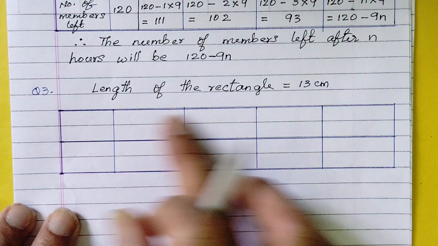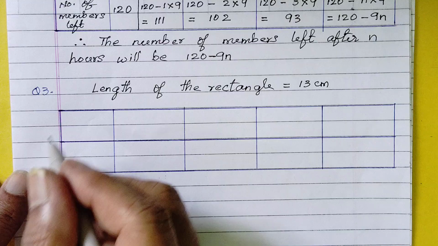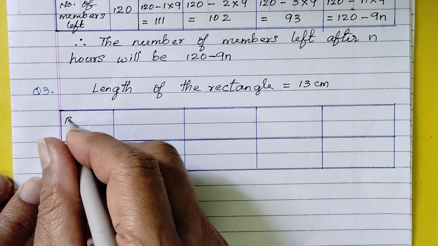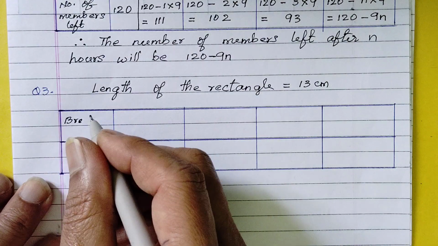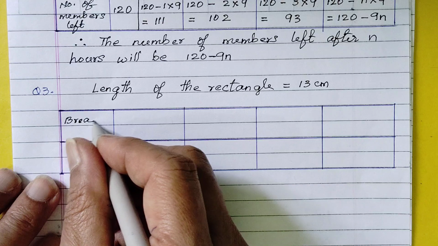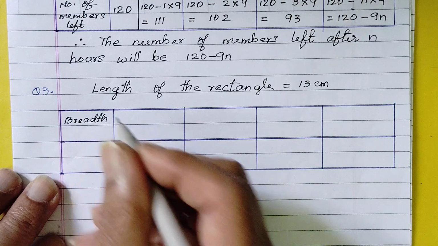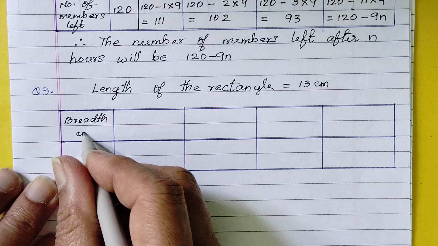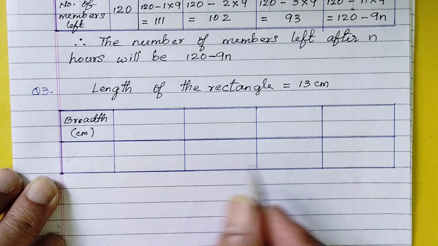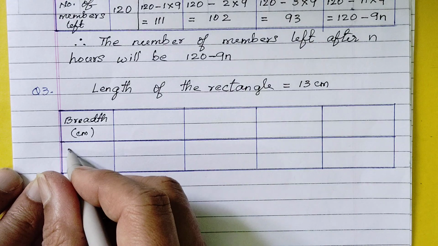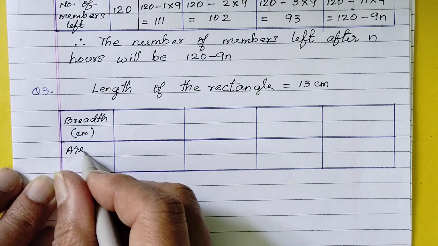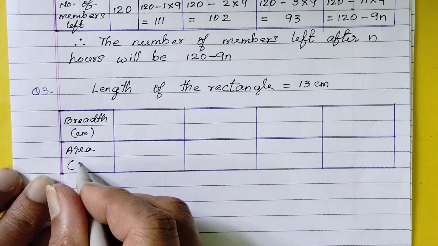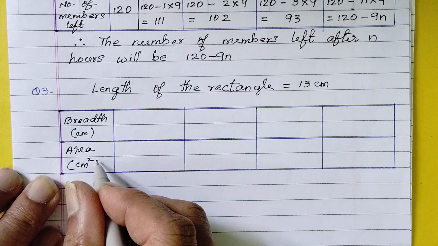In this box, the first row shows the breadth in centimeters. The second row shows the area of the rectangle in centimeters square.